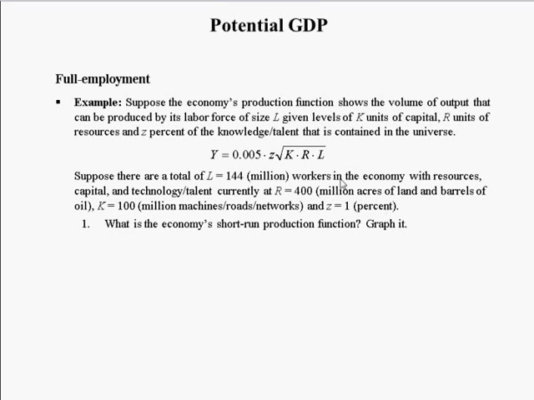Z, K, and R represent long-run variables. They don't change in the short run. They're given in the short run. You have so much in the short run. Knowledge is fixed. Capital is fixed. Resources are fixed. Over the long run, you can discover new resources, or you can deplete resources.